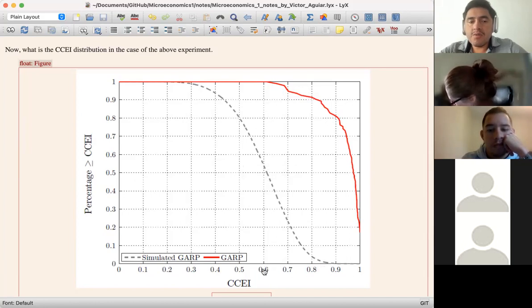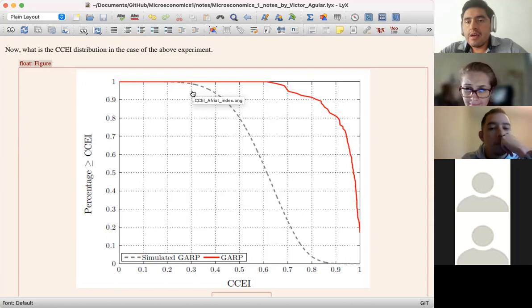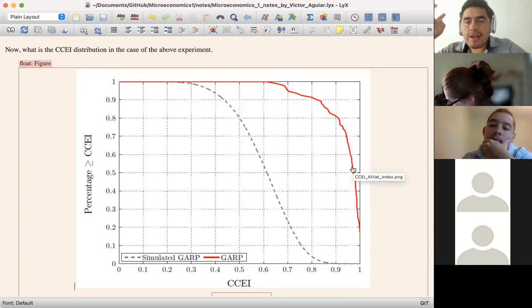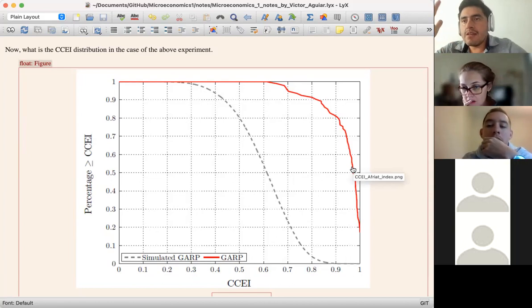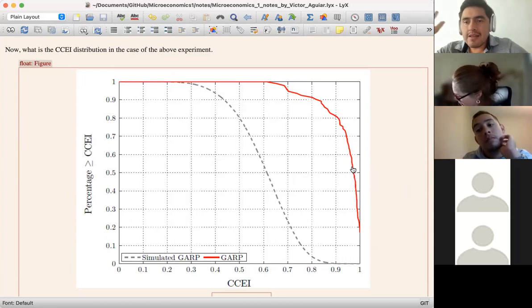So for instance, if you want everyone to pass from the randomly generated data, the CCEI will be 30%. The idea is that this is separated from the red line, so that these mistakes are far from being random. The mistakes you make take you away from rationality, but they are still not very far. That's the claim.